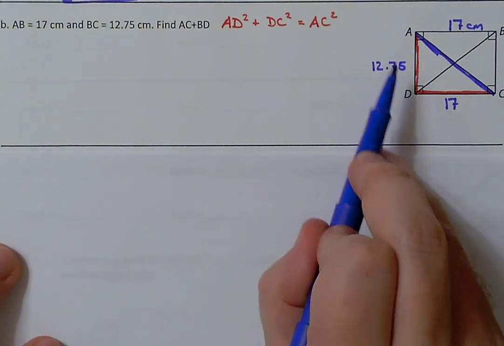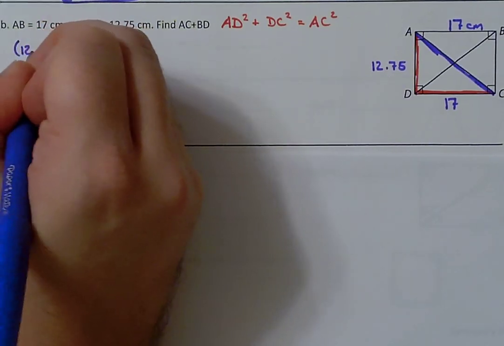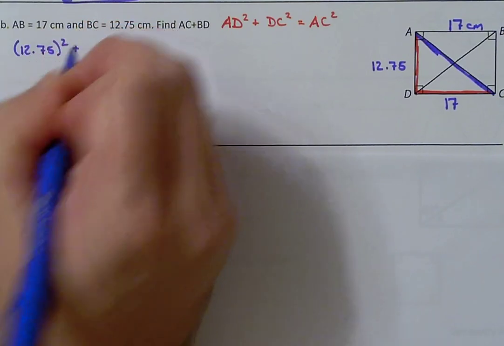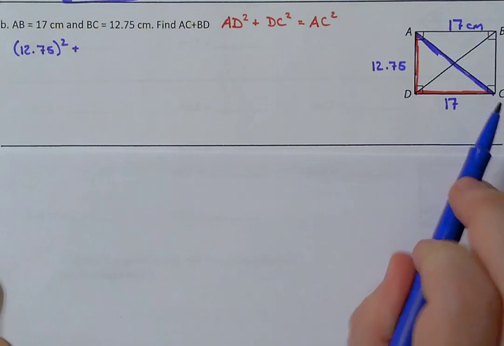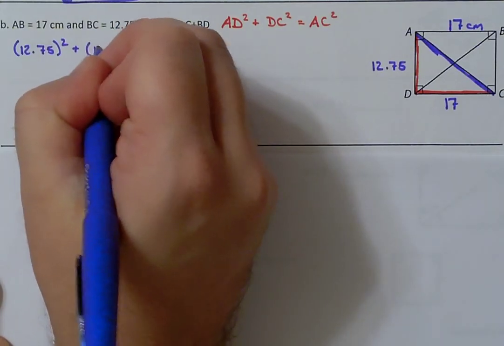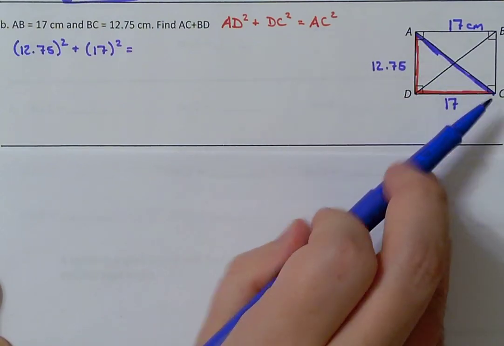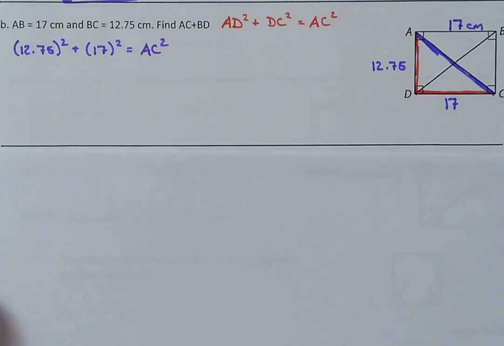Now, I know that AD is 12.75, so we're going to have 12.75 squared plus, I know that DC is 17, so plus 17 squared equals AC squared, and I don't know what AC is, so we're just going to leave that as AC squared.